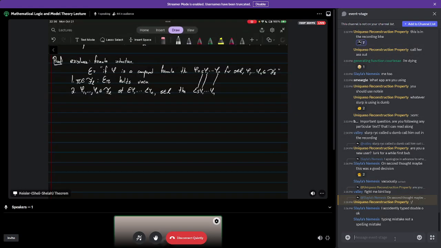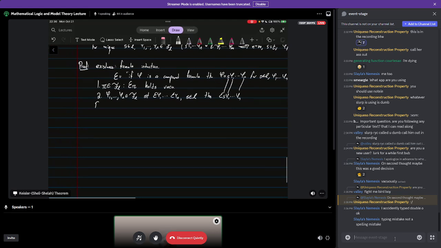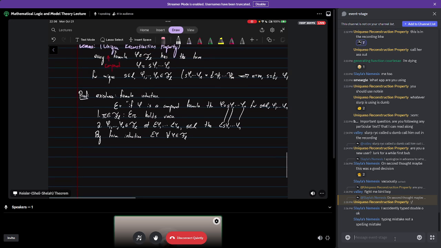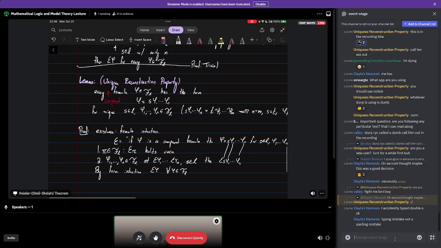And so then by formula induction, E phi for all phi in FL. So we get that E holds for every formula, and so we get the existence of this form.